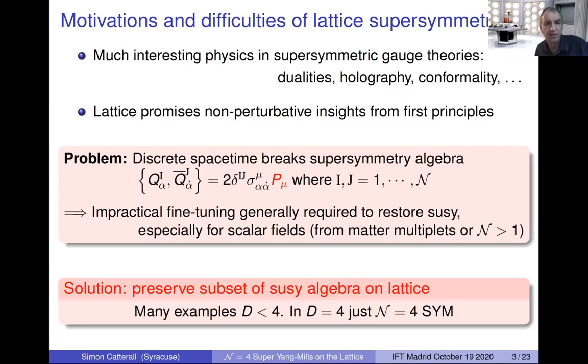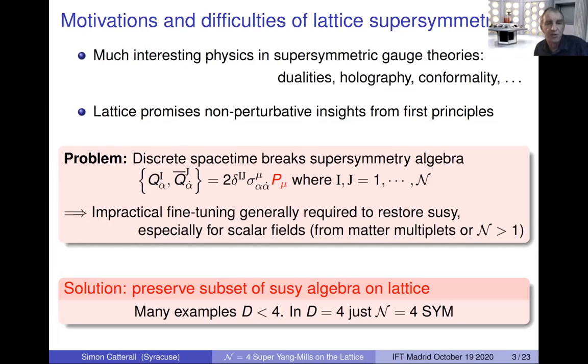So just from the fact that the supercharges anti-commute to give P, the generator of infinitesimal translations, it's immediately obvious that since once you go to a lattice, you no longer have infinitesimal translations, you're going to break that algebra right up front. And you can see this in many other ways. If you try to take a naive discretization of a supersymmetric action, then the manipulations you need to show its supersymmetric invariance involve recasting terms as total derivatives and things like that.